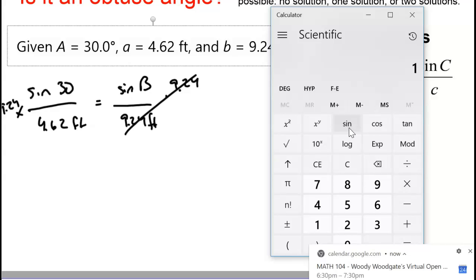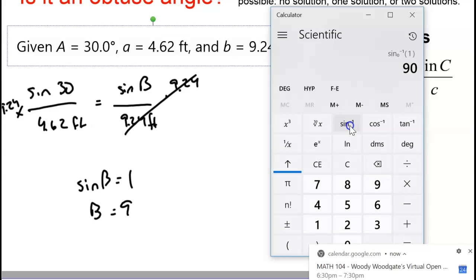That tells us that sine B equals 1. If sine B equals 1, we know what type of angle that is, because if we go inverse sine, it tells us that it is a 90-degree angle. So we know that B is a 90-degree angle.